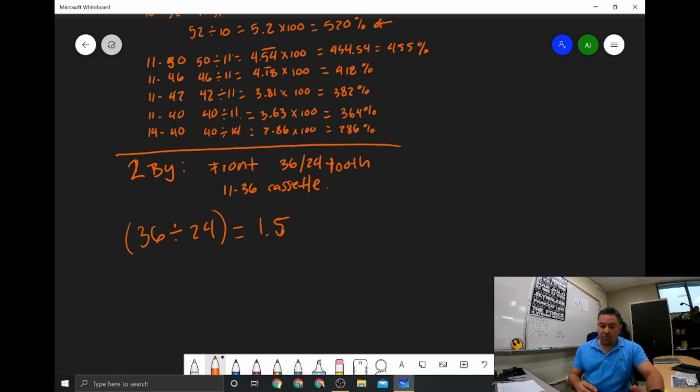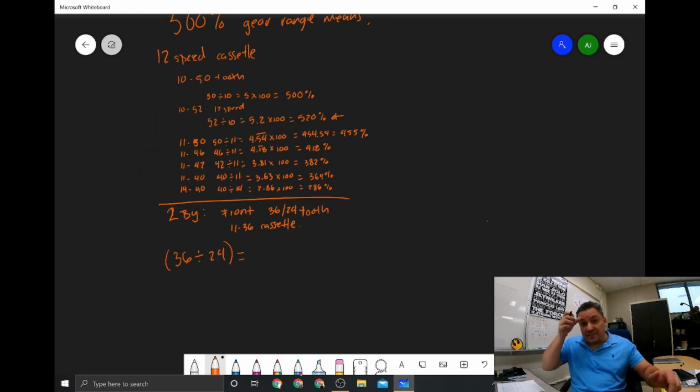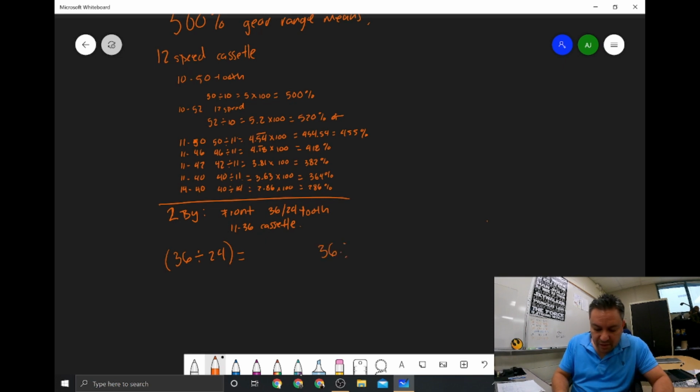And then we're gonna divide the cassette just like we did previously. For the cassette, 36 divided by 11, and in this case we're gonna get 3.27 repeating.